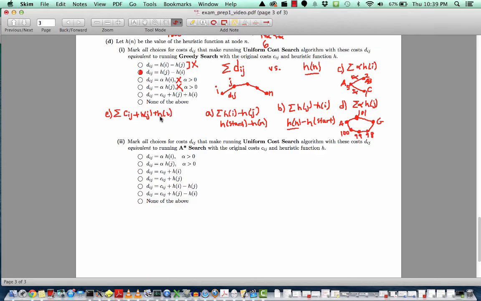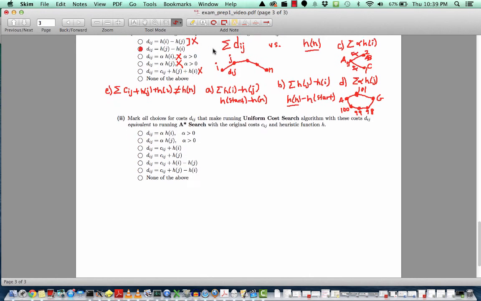In this case, this is going to be just like the other cases in C and D. None of the h of i's or h of j's are going to cancel out because they're all positive. And this is definitely not going to give the same ordering as h of n. So this is also not a solution in which uniform cost search will be equivalent to greedy search.